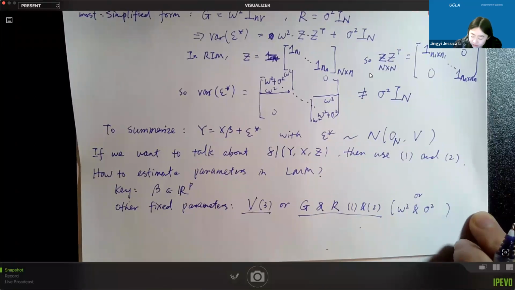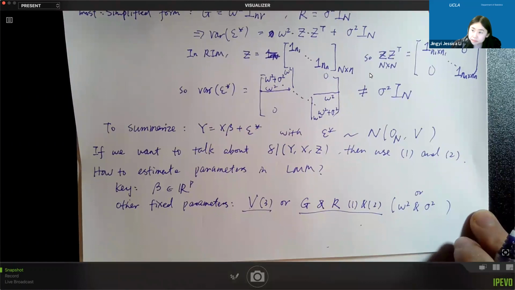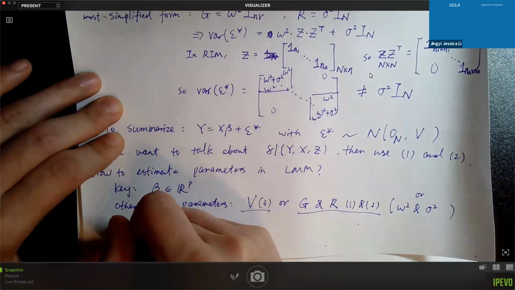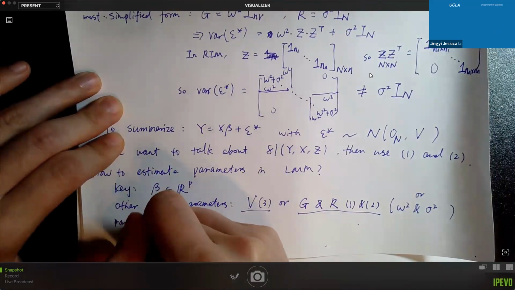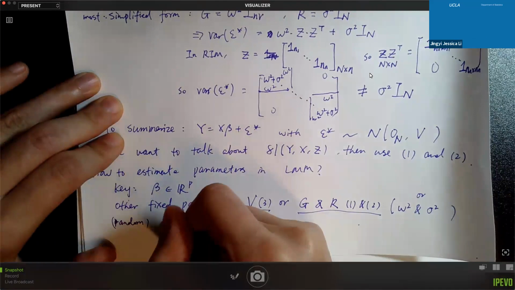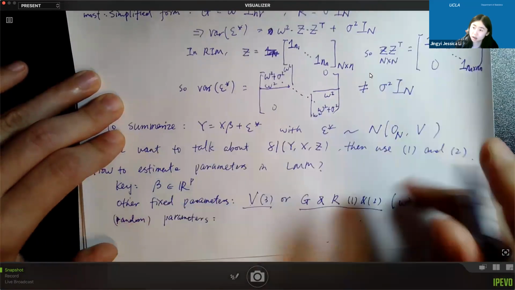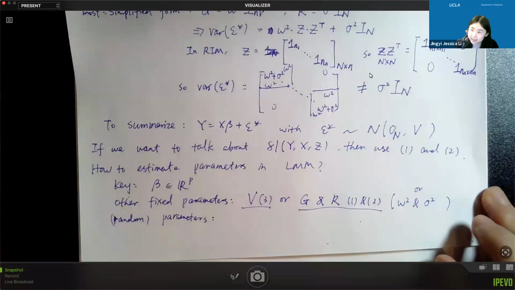And furthermore, if we want to talk about that intermediate random parameter, delta, we may also do it. So, other random parameters. For random parameters, we do not really talk about a value for it because it is random. But under the Bayesian framework, we can talk about its posterior.